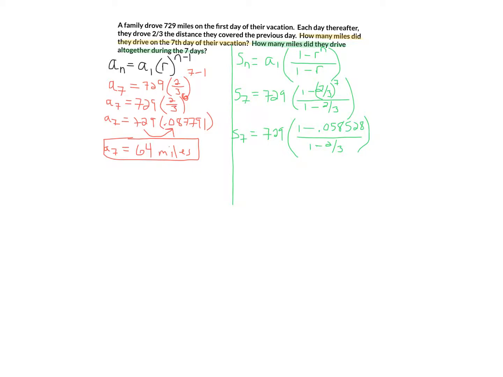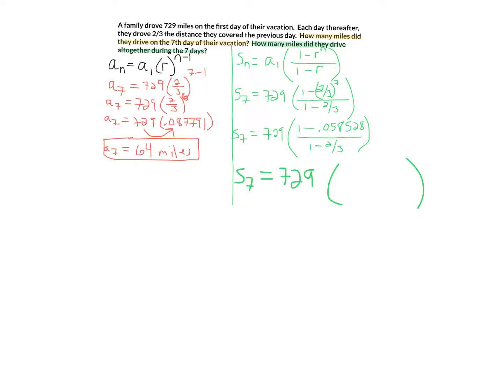All right, so now we have to still stay on the top. Don't go down to the bottom yet. Stay on the top. Okay. So we're going to do S of 7 equals 729 times, now we're going to subtract this.